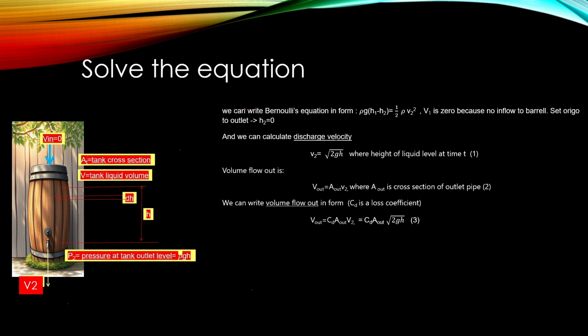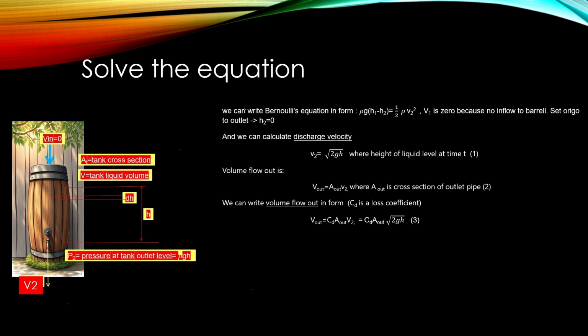This outlet velocity, so-called discharge velocity, is simply a square root over 2 times the acceleration of gravity times the liquid column height. And our volume flow out is this outlet velocity times the outlet cross-sectional area.